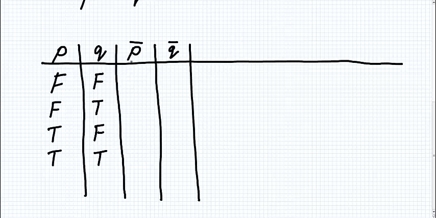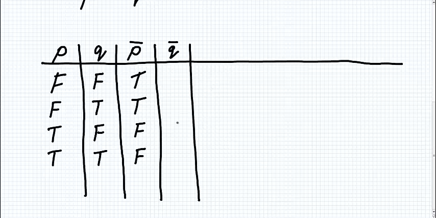Okay, so for the first row here, we have that P is false, which would mean that not P is true. For the second row, we have that P is false, which would mean that not P is true again. For the third row, we have P is true, so not P is going to be false. And for the final row here, we have P is true, so not P is again going to be false.